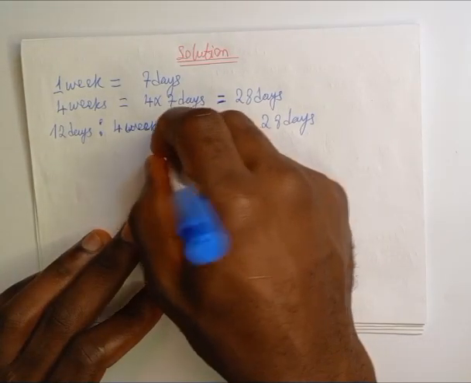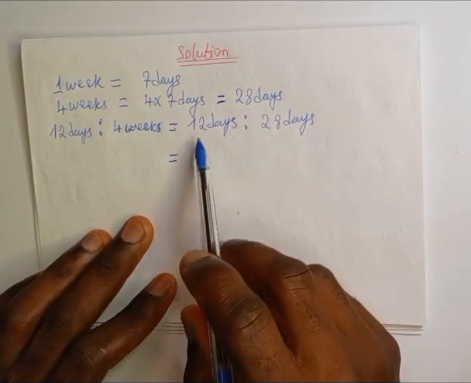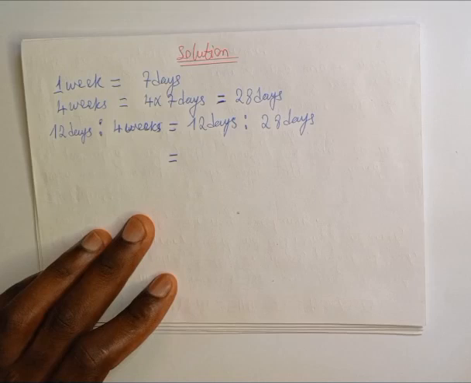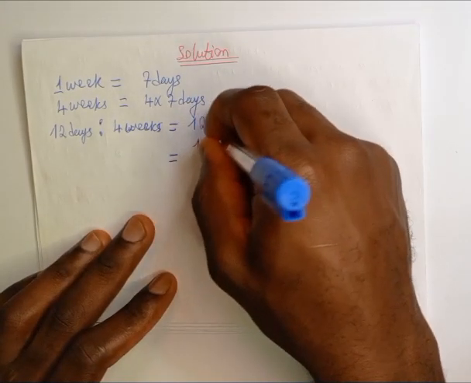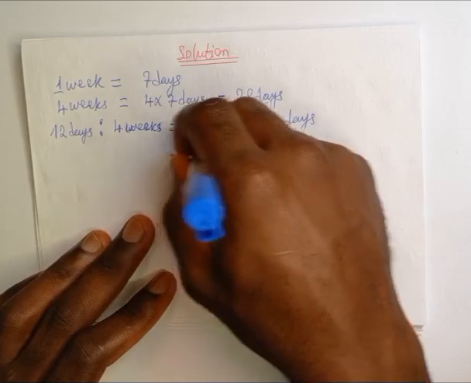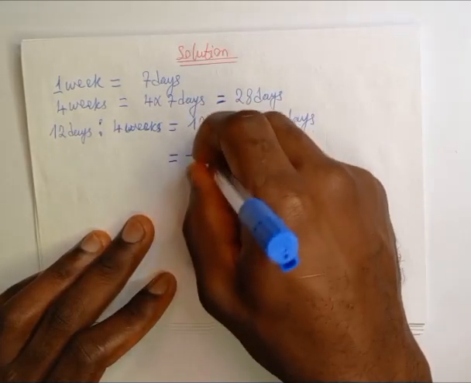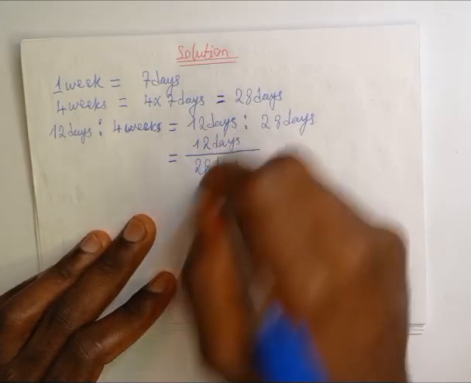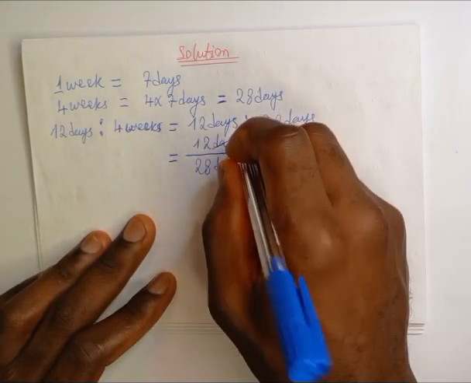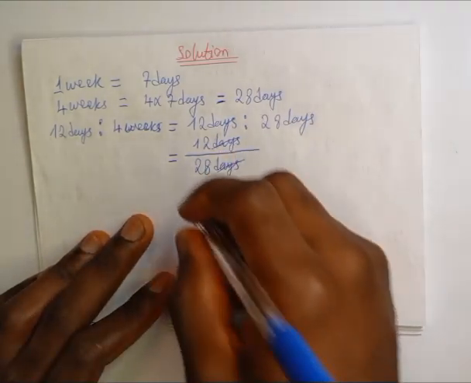And this will simply be equal to, since the ratio has just 2 components, we are going to write it in the fractional form. The first component becomes the numerator, 12 days, all over the second component, which becomes the denominator, 28 days. The unit will cancel the days. This will strike off this.